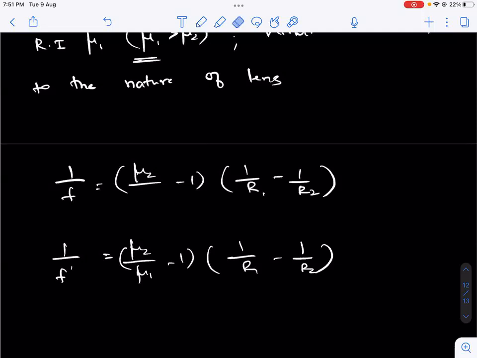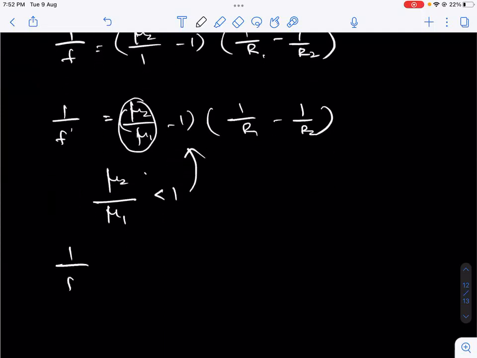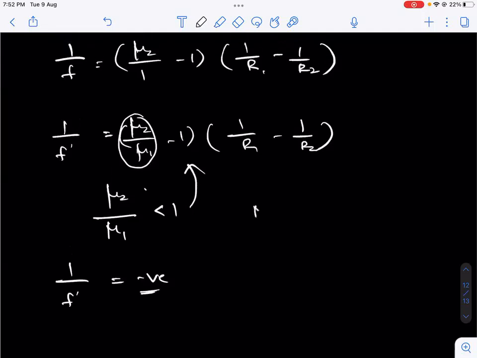So 1 by f dash will be equal to mu2 by mu1 minus 1 into 1 by r1 minus 1 by r2. Initially, let's say it is in air, then it would have been mu2 by 1 minus 1. Now what will happen to f dash? mu2 by mu1 is less than 1. So when it is less than 1, what can I say about f dash? It will become negative. Means, can I say that the nature of the lens will change?